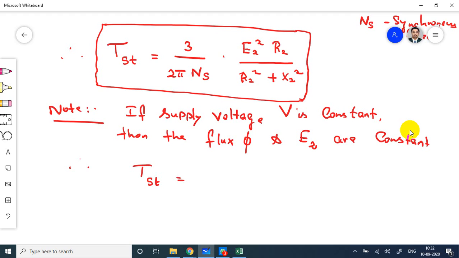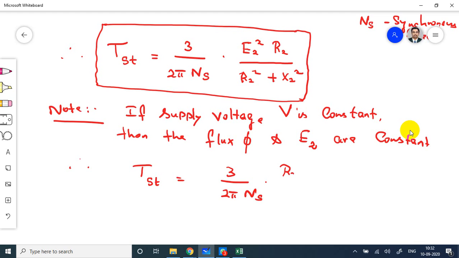Therefore, TST is equal to 3 by 2 pi ns into E2 square. E2 square we should not put, because it is a constant. So this constant parameter will be unity.